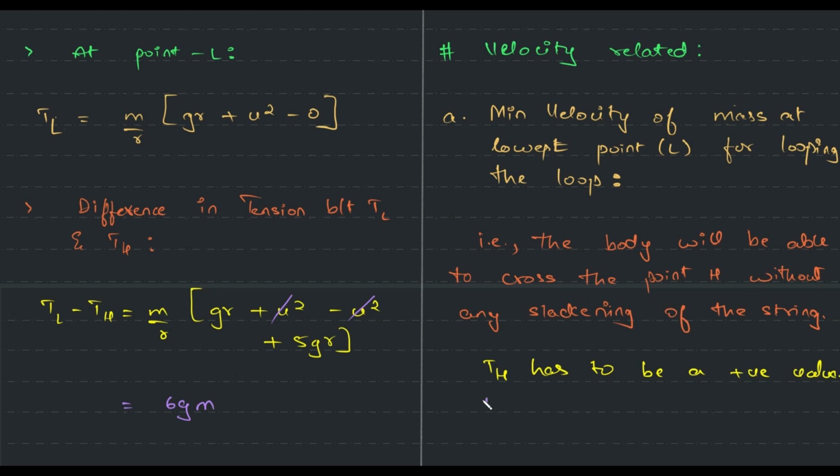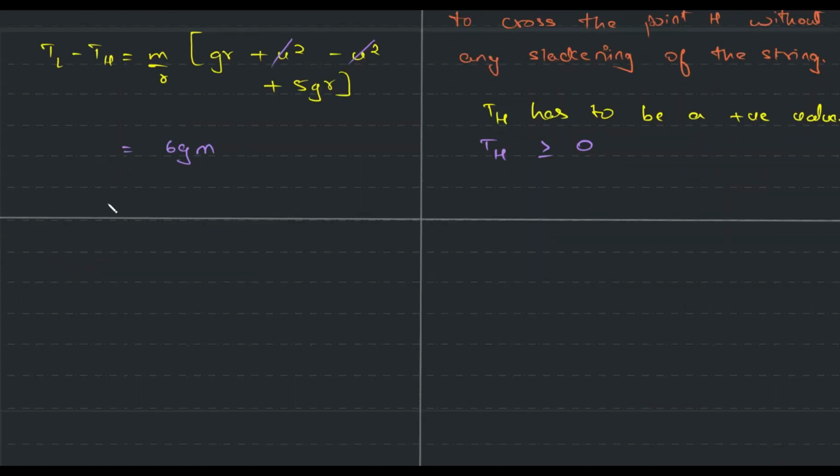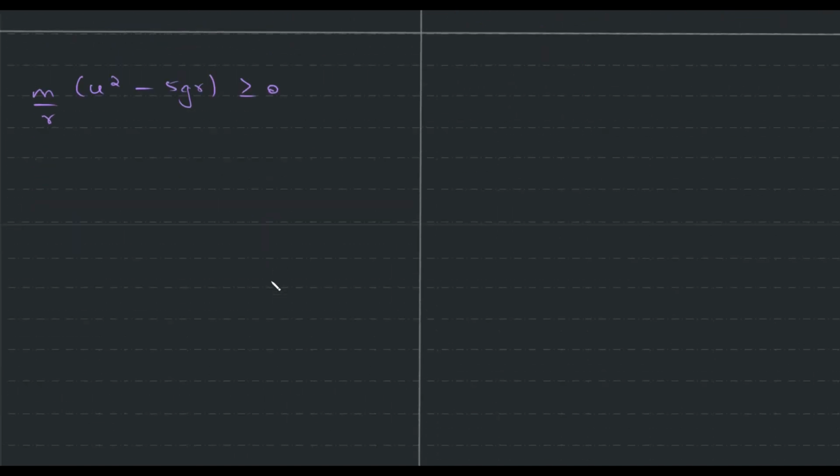Now basically TH is greater than or equal to 0. Again, what we have is an expression m by r, same expression we are using again and again. So at the top we already have the expression u square minus 5gr, we just derived it, greater than or equal to 0.